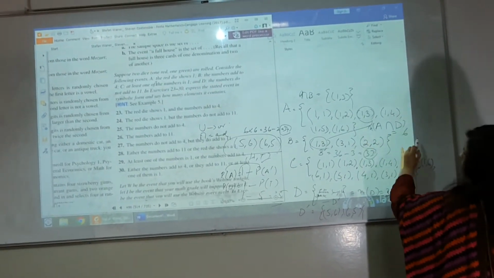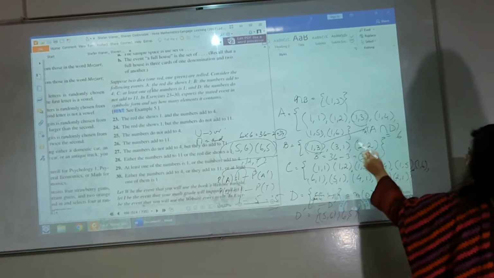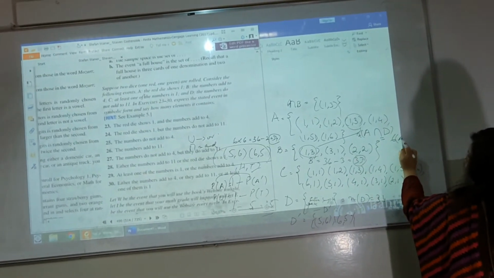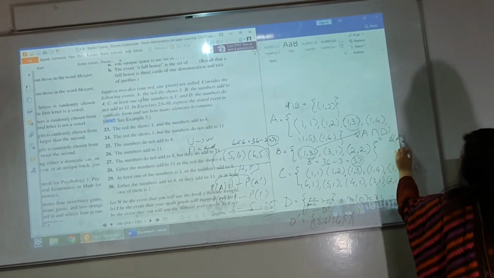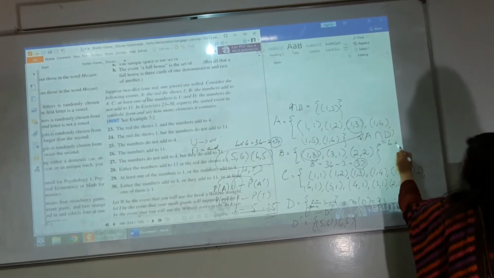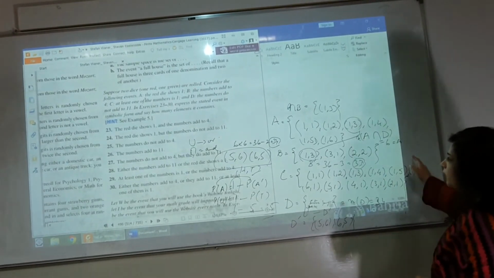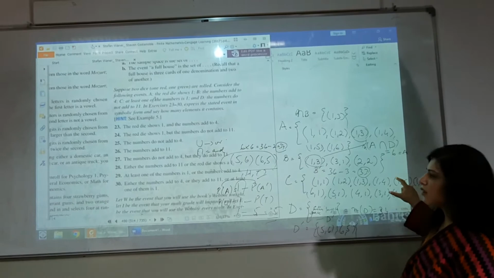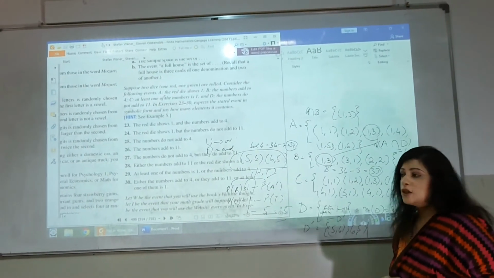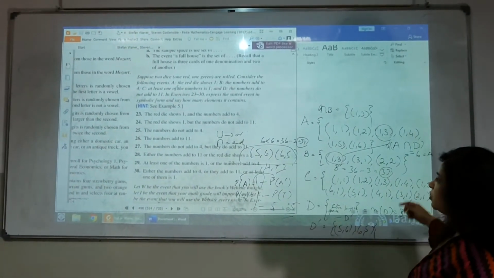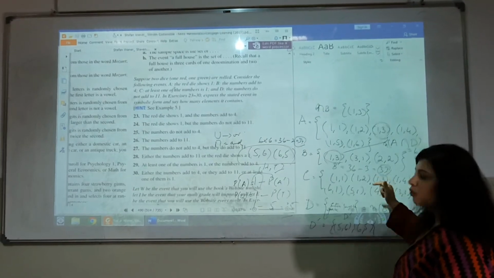You can just rewrite this entire thing, which is equal to A. Let me just write this again. Equal to A. Because I need to have something in common. If I'm having intersection, it would mean that you need to find out the commonality between both the events.